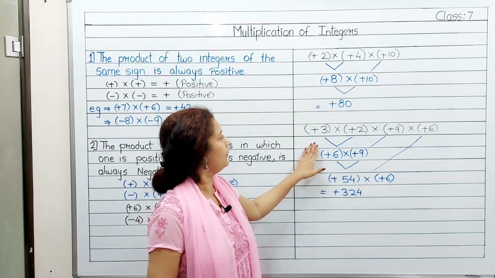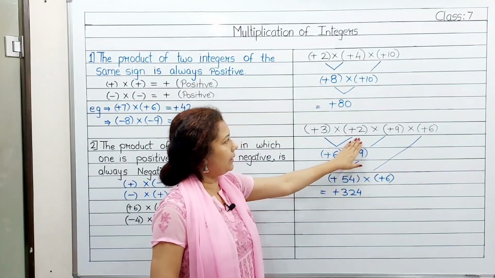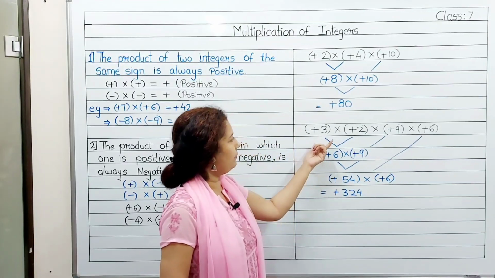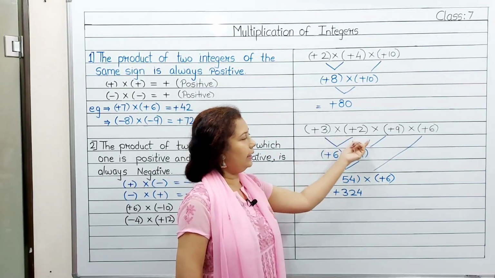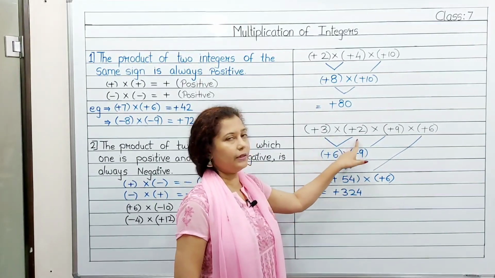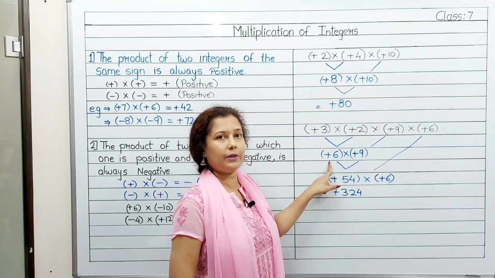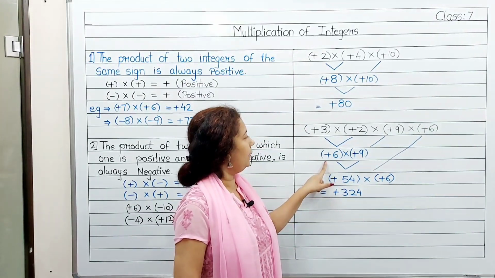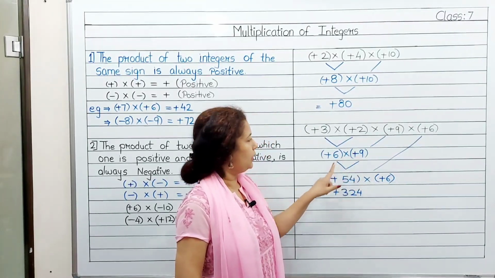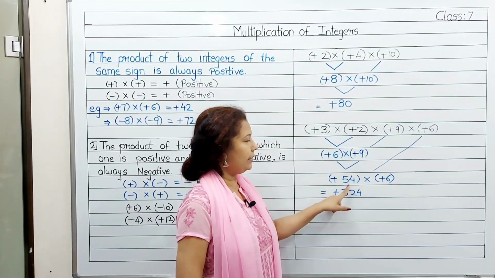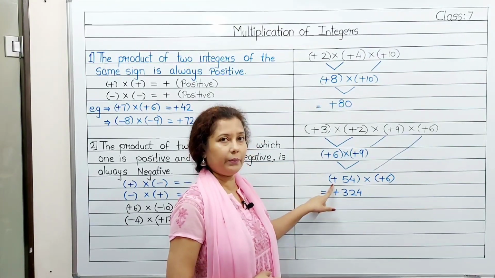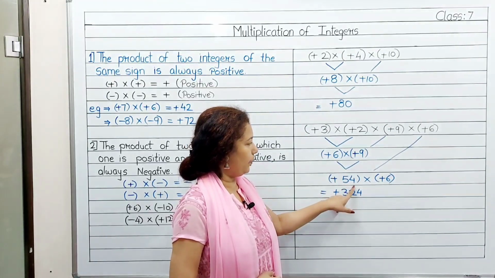Second example, plus 3 into plus 2 into plus 9 into plus 6. So when we multiply plus 3 into plus 2, we get 3 into 2 is 6. Both the integers are positive, so we will get a positive integer. So it will be plus 6. Plus 6 into plus 9. So we will get 6 into 9, 54. Both the integers are positive, so the product will be positive, plus 54.